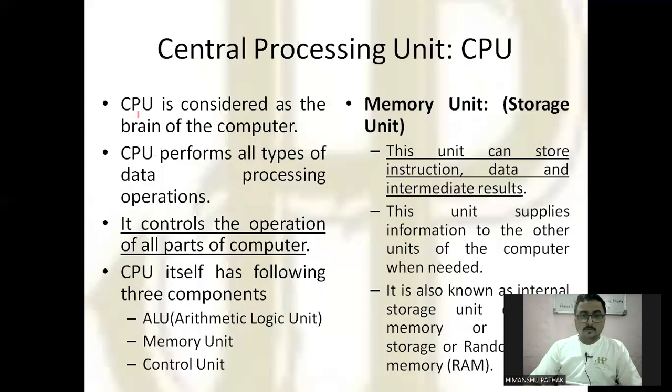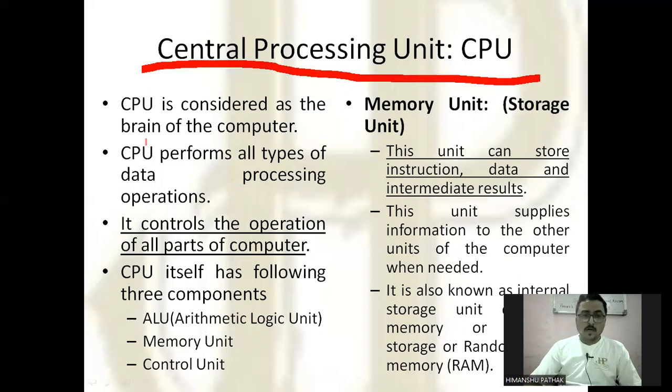Now, the main important thing is CPU. So, I already told you that CPU is considered as a brain of the computer. It performs all types of data processing operations. It controls the operation of all other parts of the computer using CU, control unit. Data processing done by ALU.